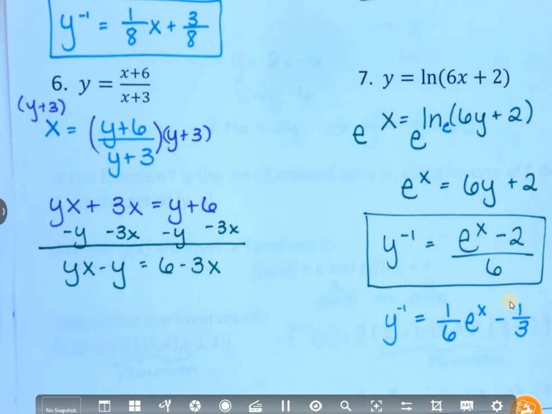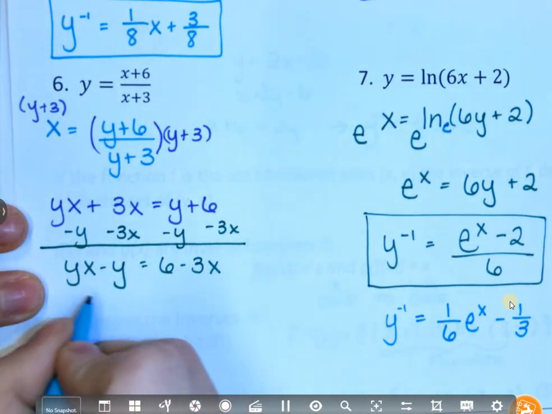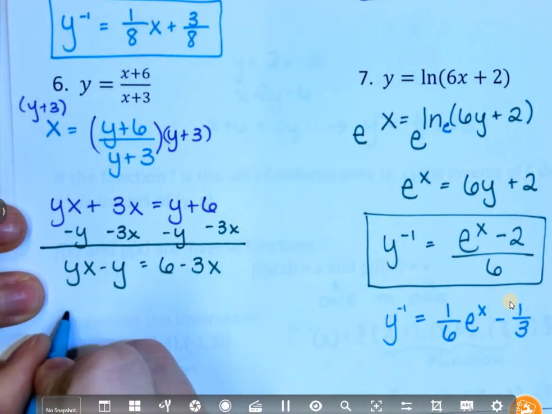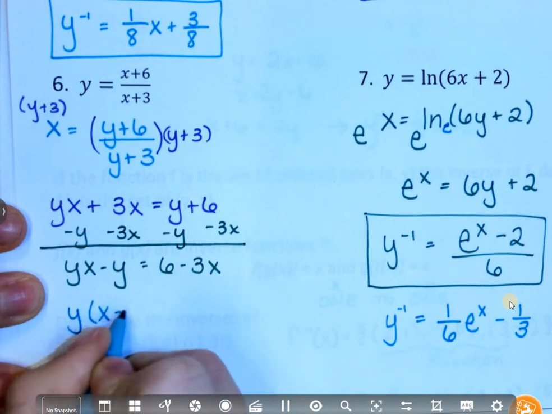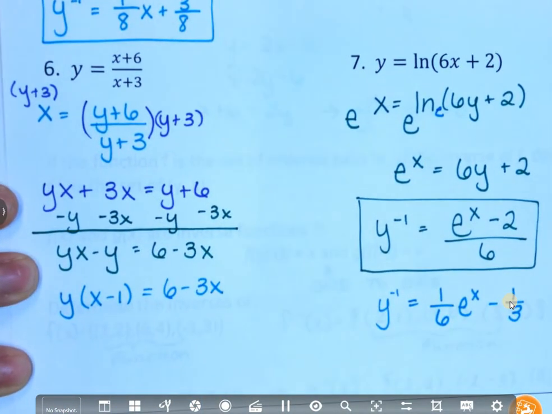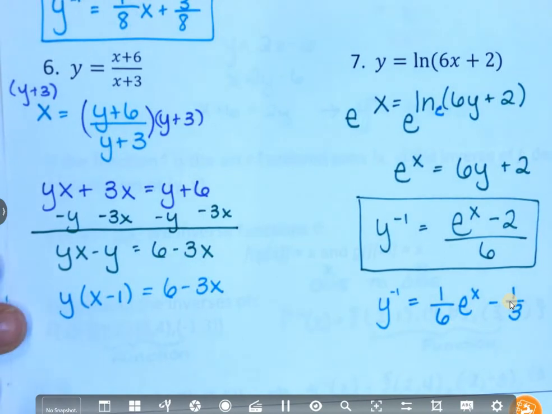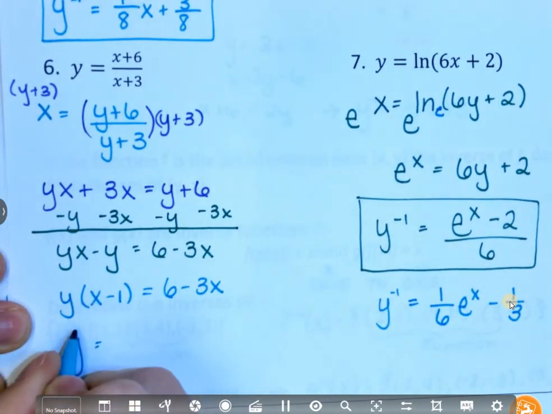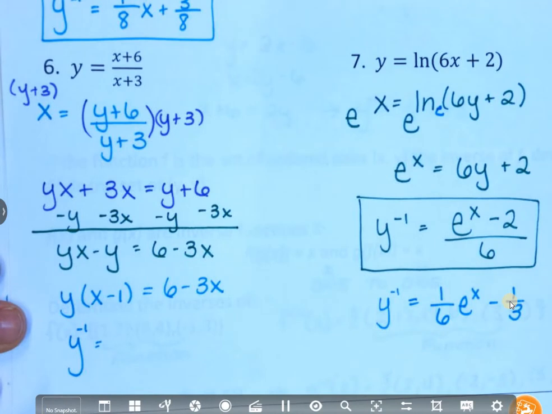Now what? Yeah, get the y on its own over here. So I'm going to have y times x minus 1 is 6 minus 3x. So my y, which is actually the inverse, is going to be what?